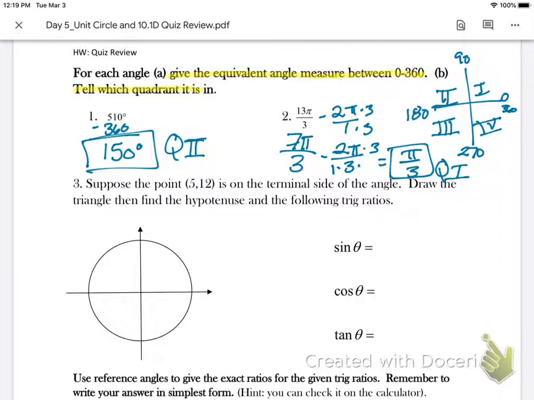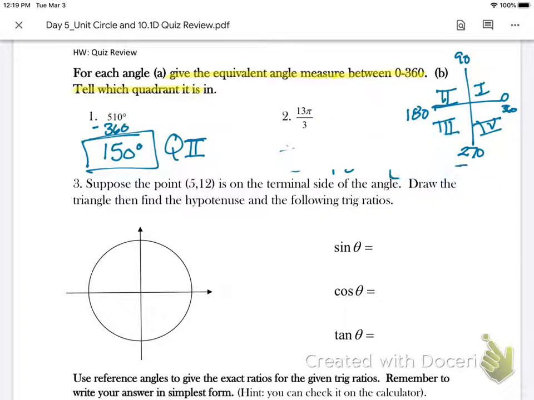Okay? Some of us didn't like doing radians at all, so I'll redo that one then. You would have to convert this to degrees, which you're going to do by doing 180 over pi. Your pi's cancel. 13 times 180 is 2,340, and then I have a 3 on bottom, so divide by 3.